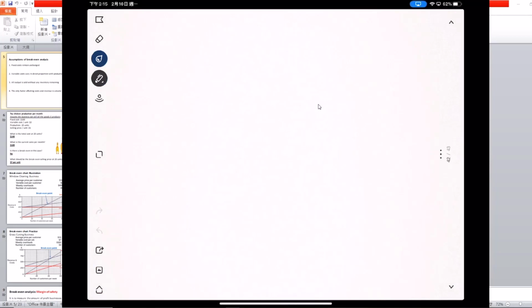So when we talk about fixed costs, we first assume the fixed costs remain unchanged. But in the real world, you can see why we have to make such an assumption. So let's draw. Are you able to see? My handwriting on the iPad is terrible.